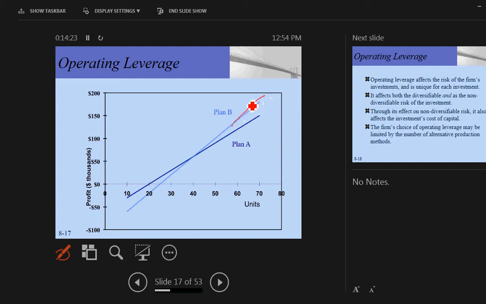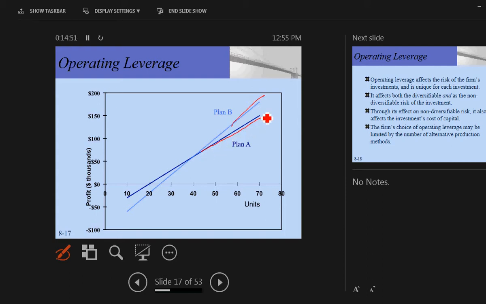And the reason is what? The reason is the marginal benefit from an additional unit of production is higher, it is 4 with Plan B. But with Plan A, because you make a $2 cost on each unit that you produce, with the fixed price of 5, the margin is only 3. So the slope at which profit goes up is lower.